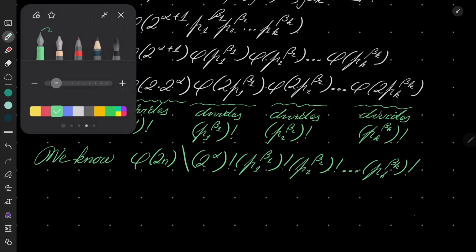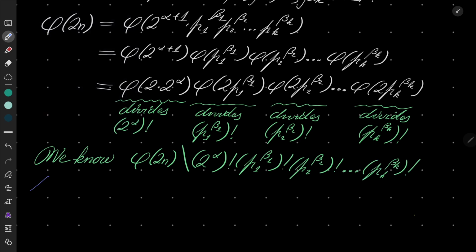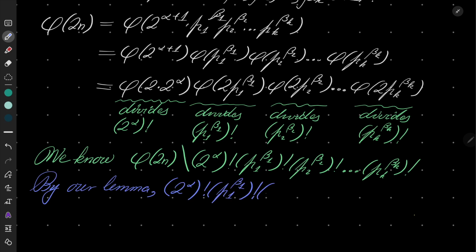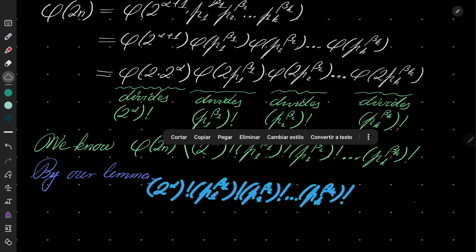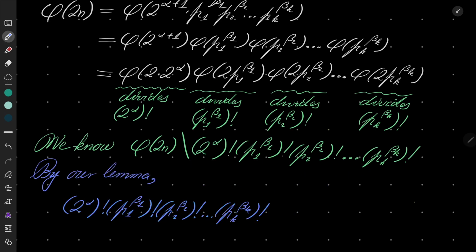And now, using our lemma, 2 to the power alpha factorial, p1 beta 1 factorial, p2 beta 2 factorial, and so on, pk beta k factorial. This number divides product of factorials, divides the factorial of a product.